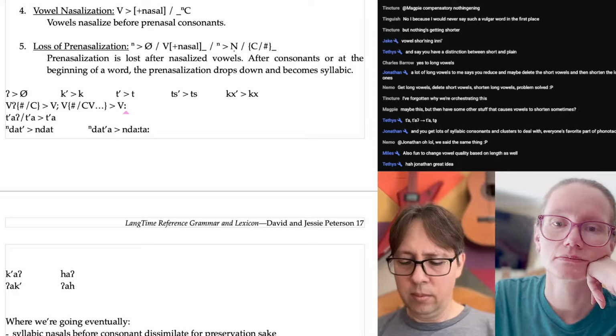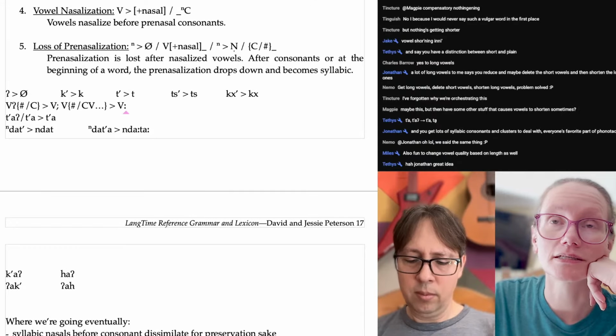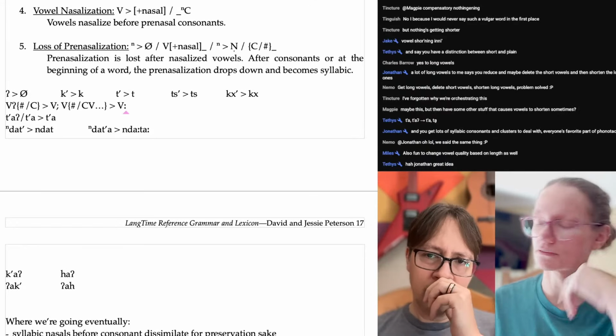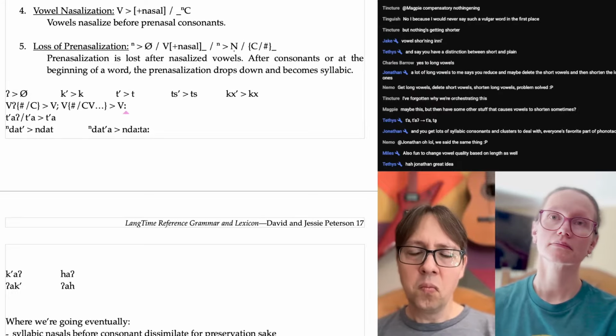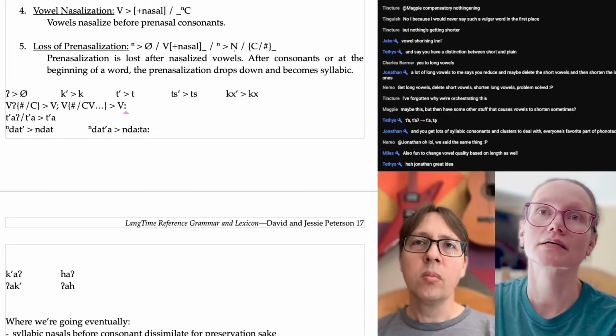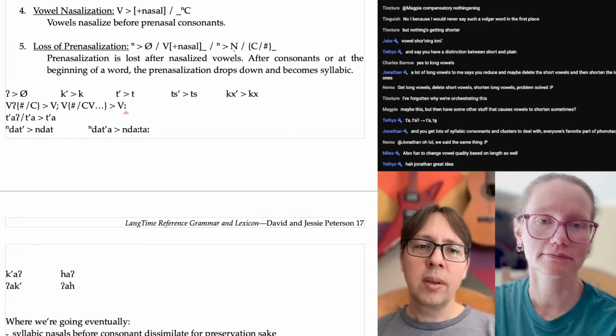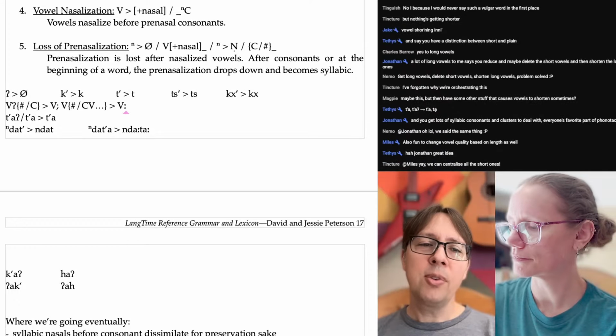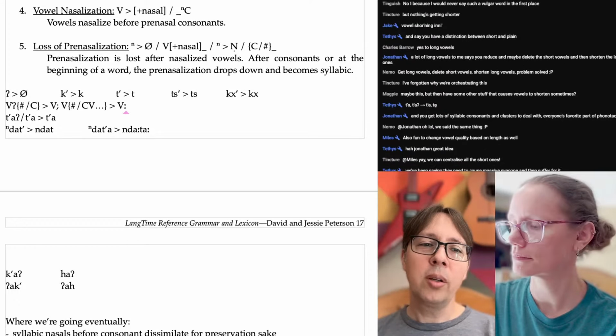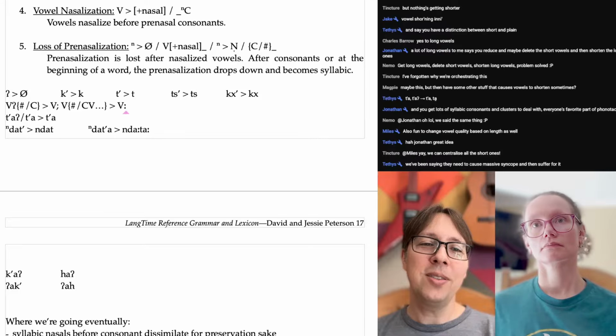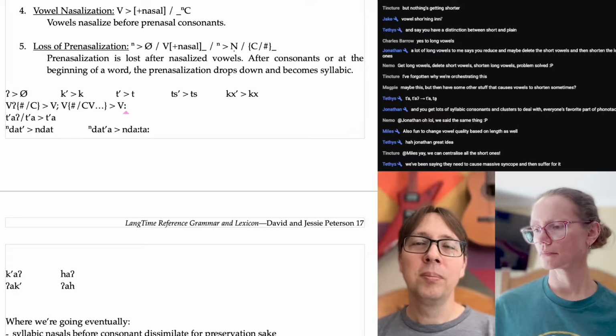And so, very technically speaking, this is what English does, just with no meaningful distinction. So yeah, I'm fine with it. Another option is we could mark this one vowel as extra short or something.